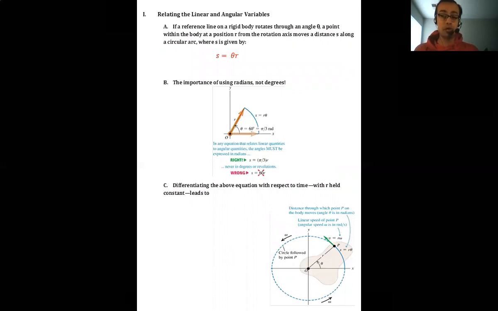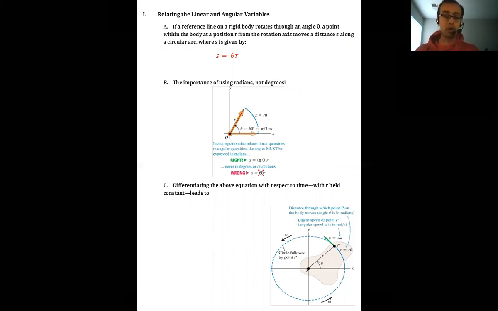I'm more interested in what am I feeling when I'm a particle that's on the edge of this particular circular path.